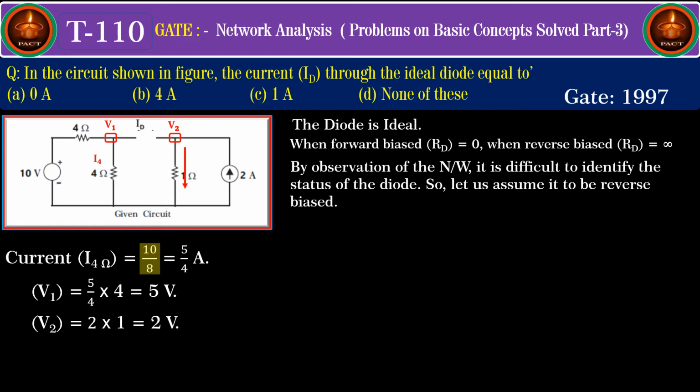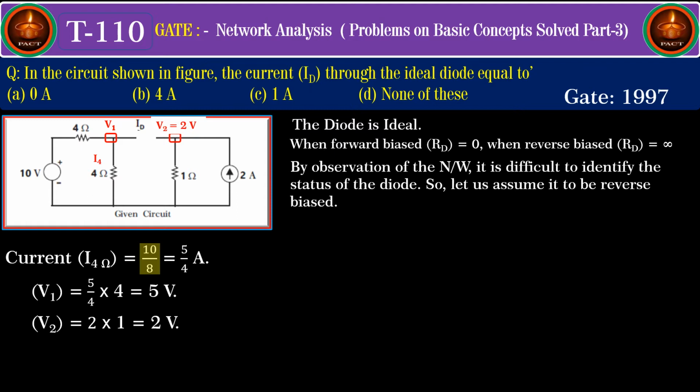Similarly, V2 is equal to 2 ampere into 1, so V2 is equal to 2 volts. So what you understand from this is the anode voltage is 5 volts and the cathode voltage is 2 volts. It means the diode is not reverse biased, but it is forward biased.